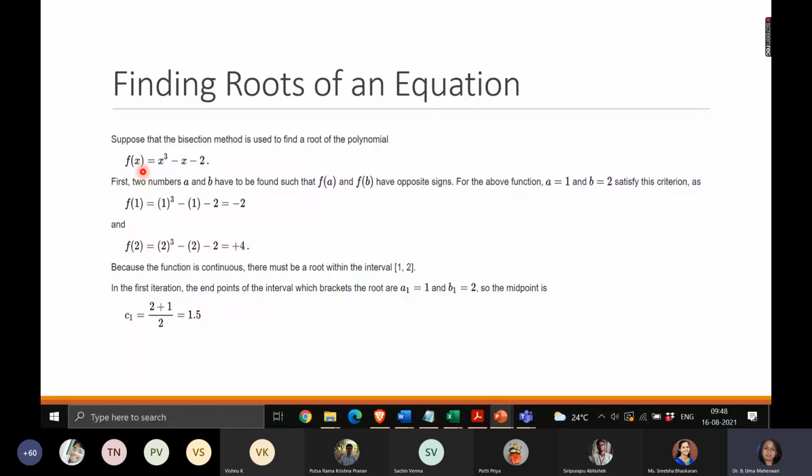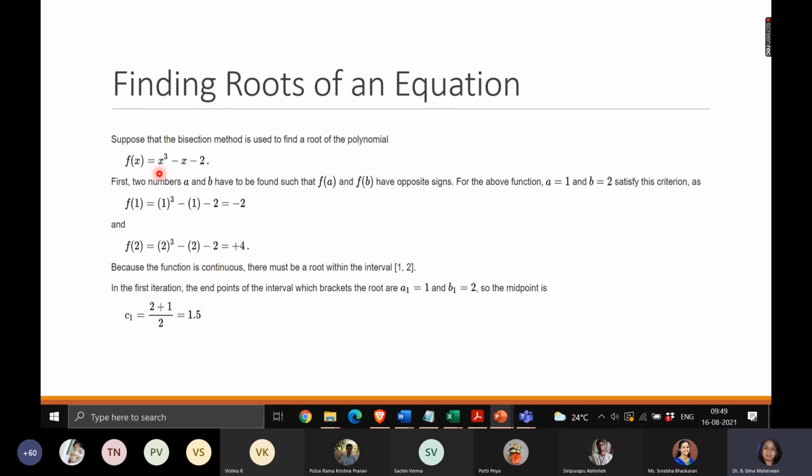I hope you understand. If you substitute 1, it is 1 cubed minus 1 minus 2. So 1 minus 1 is 0, minus 2. So 1 is not the root, right? What we are going to find is the x for which f of x should be 0. That x is considered to be the root of the given polynomial.